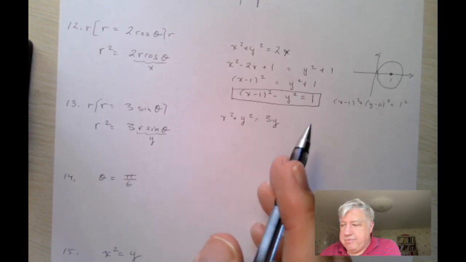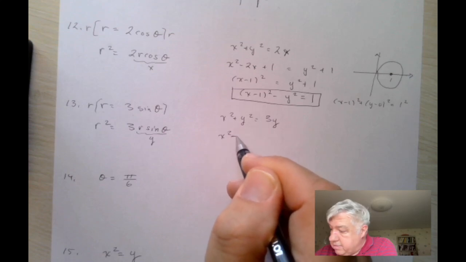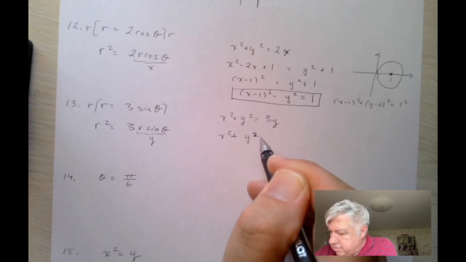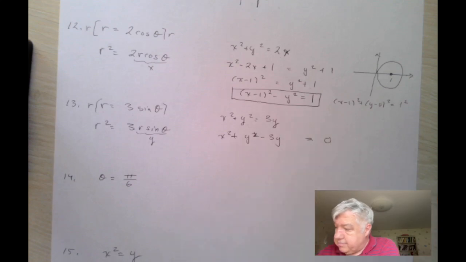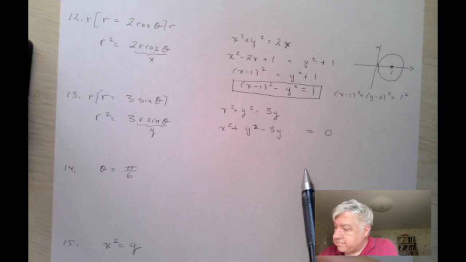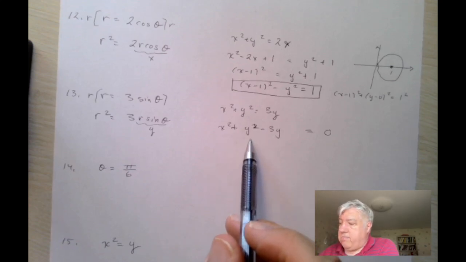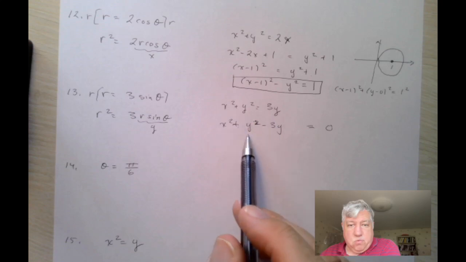Subtract 3y from both sides, and then complete the square for the y's.